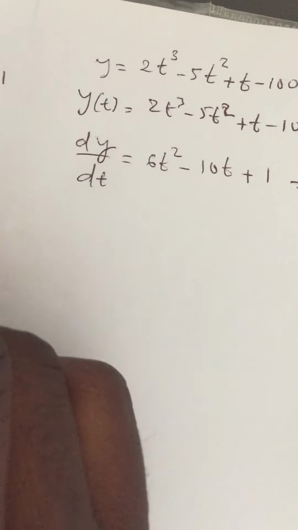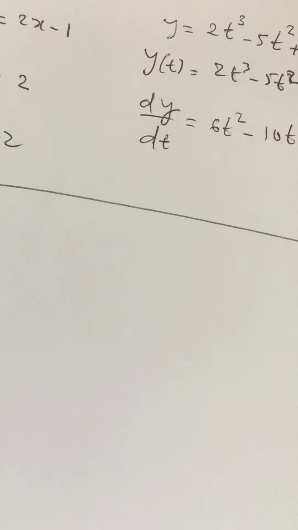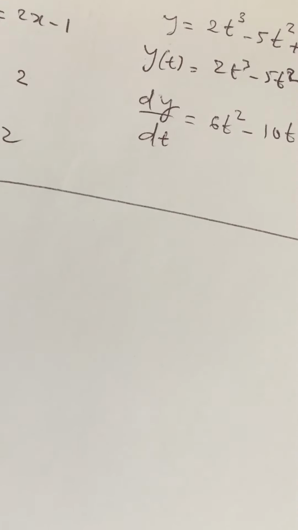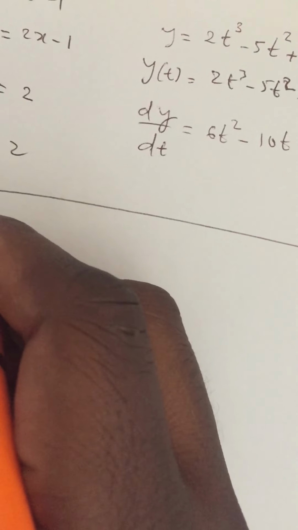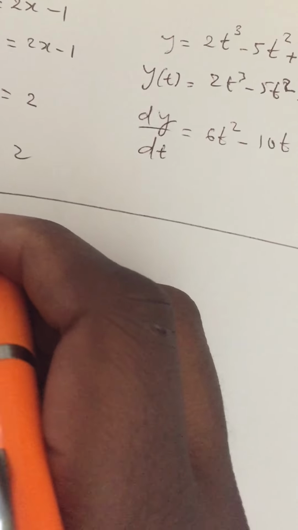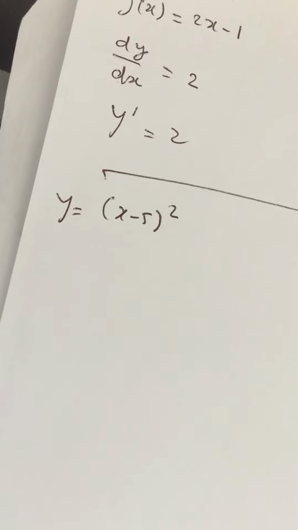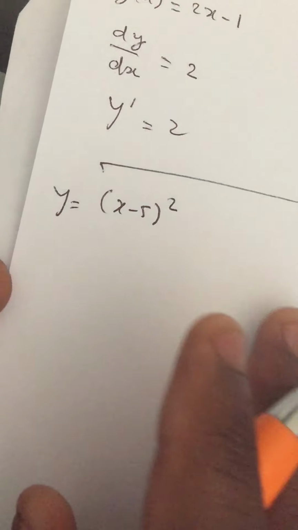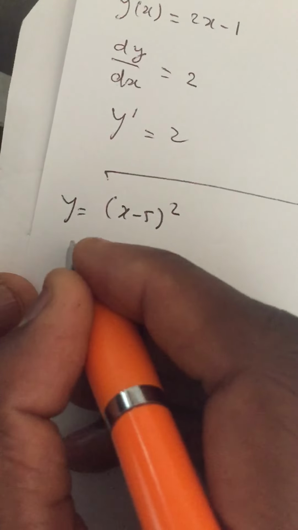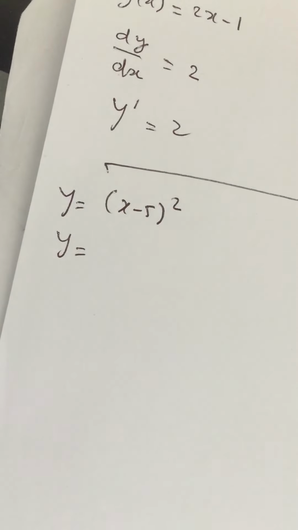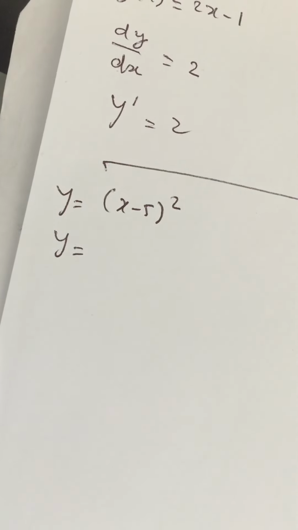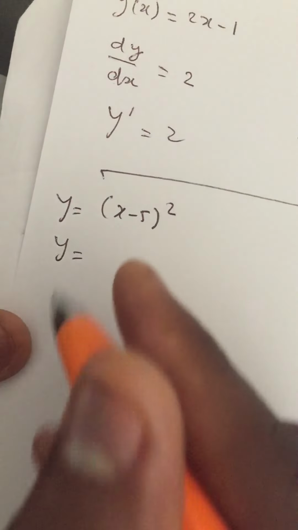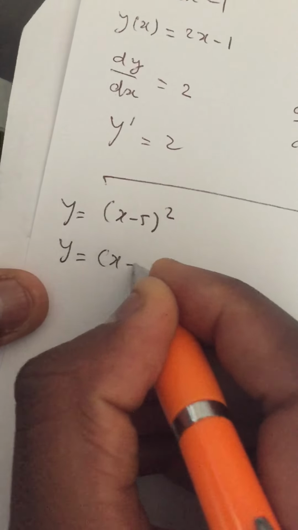Now we have something like this. If you have, for example, x minus 5 to the power 2, a function like this. To differentiate this function, there are two ways. You can definitely split this, because I told you one way to solve differentiation is to simplify it to the simplest form.